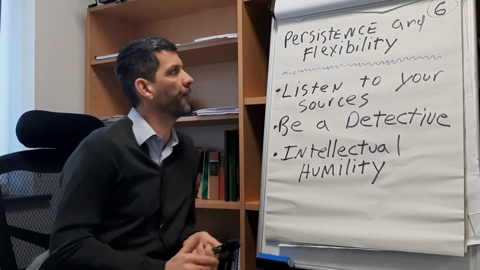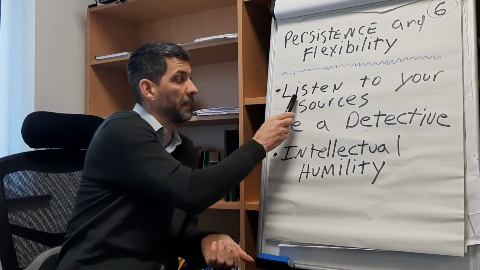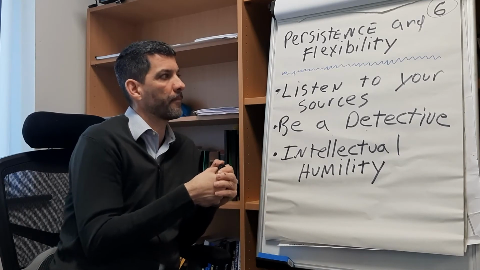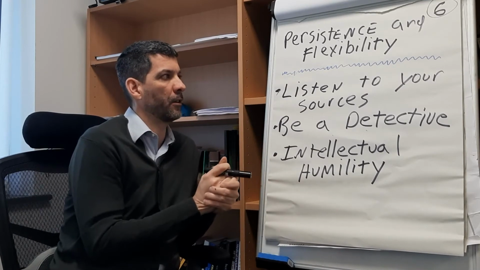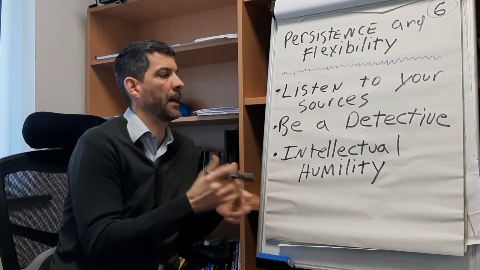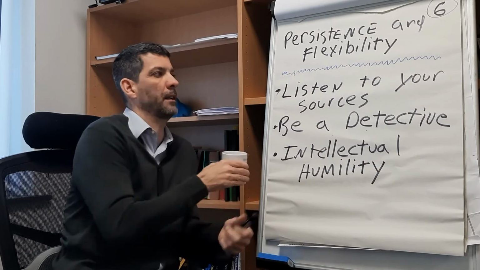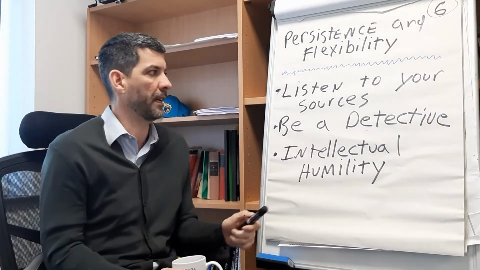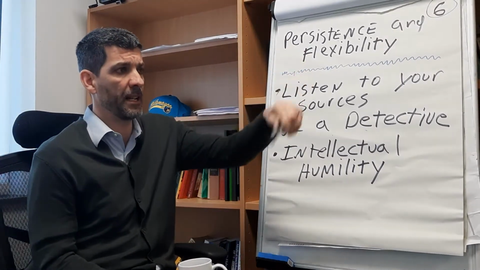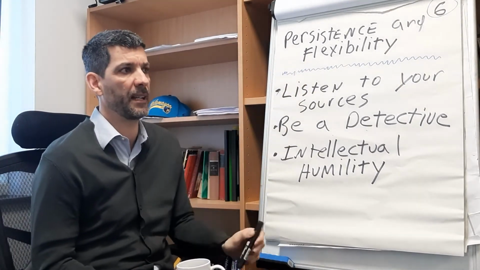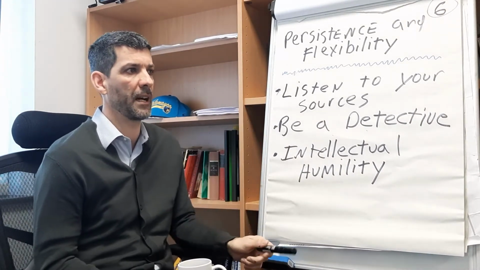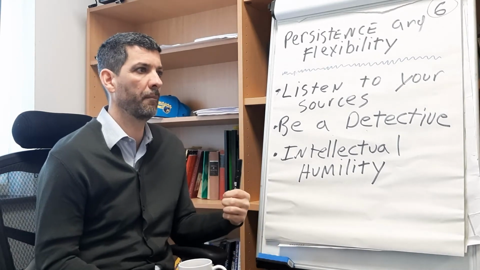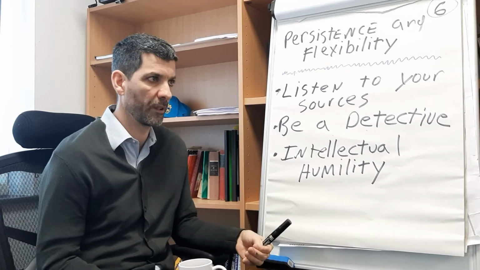So let's talk about persistence and flexibility. Listen to your sources. If you read an article, let's go back to my example of Wikipedia and how people read Wikipedia. I'm reading articles about Wikipedia and I keep finding a reference every once in a while to how certain governments are starting to manipulate or influence content on Wikipedia.